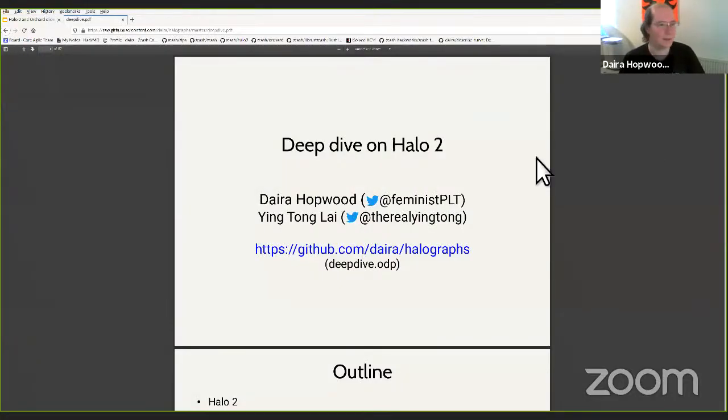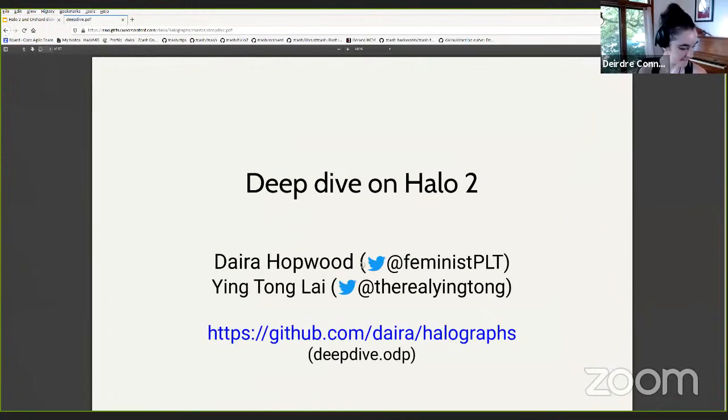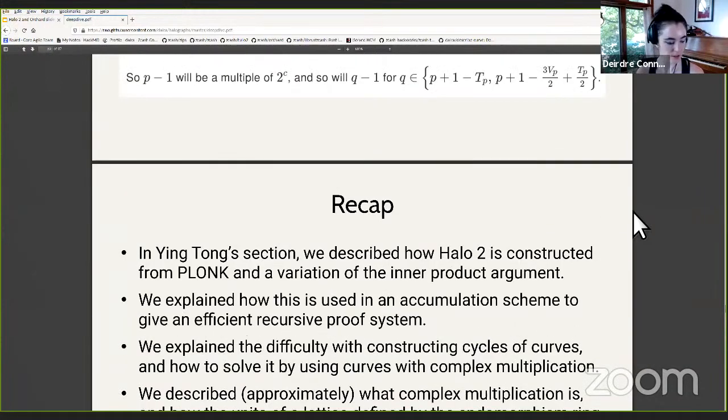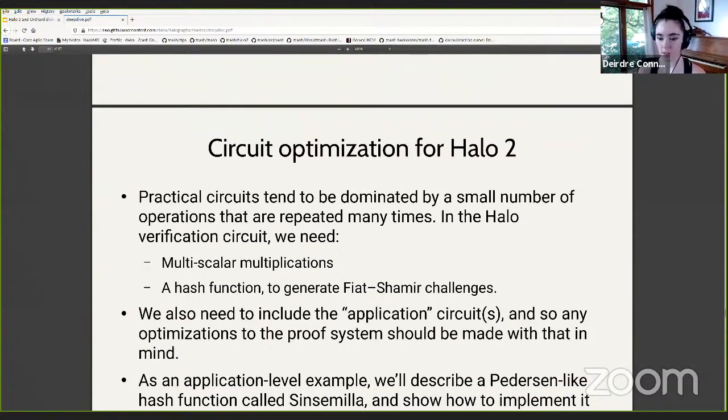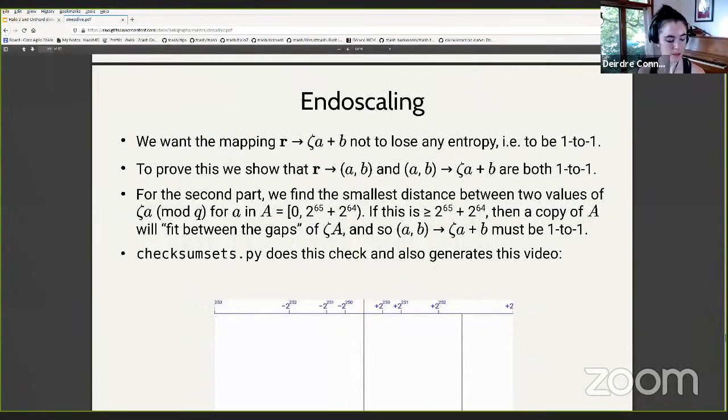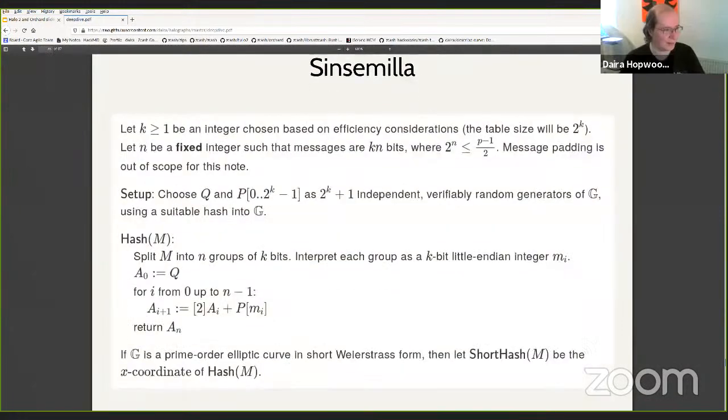So I can do this. Yep. How's that? Can you see? Yes. Okay, so let me find where the description of Sinsemilla is. No, it's after this point. This goes into a lot of detail. Okay, right.